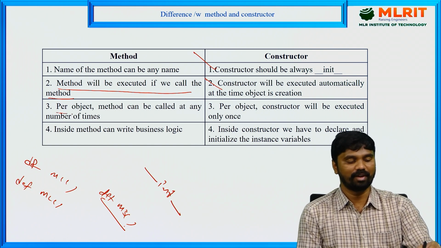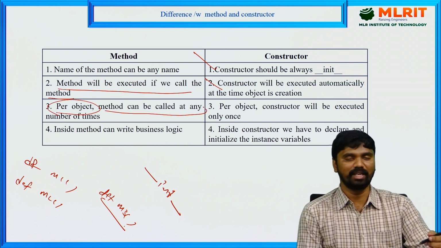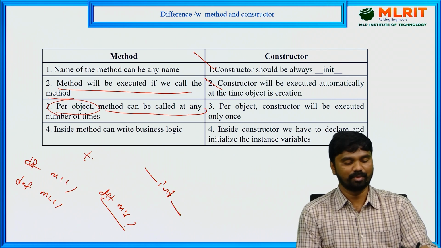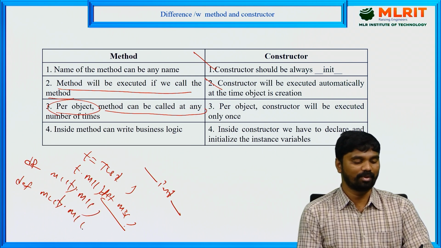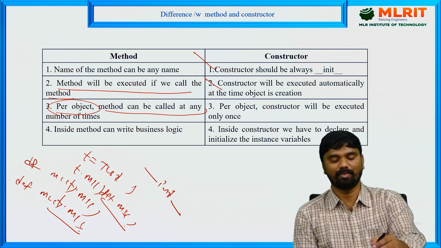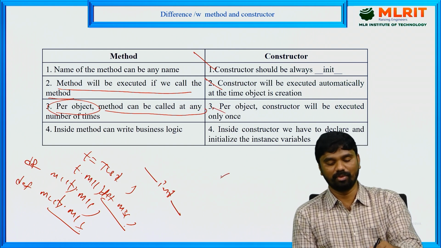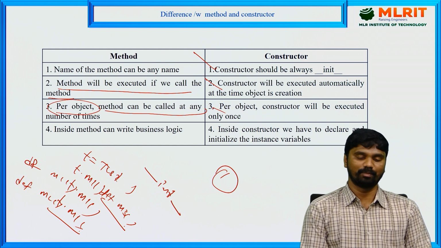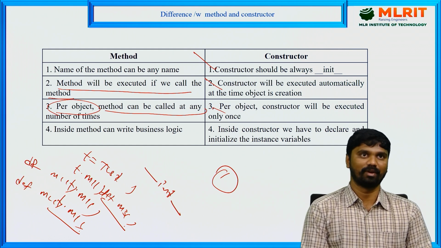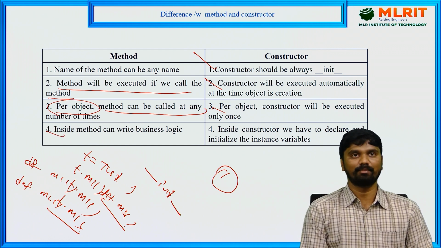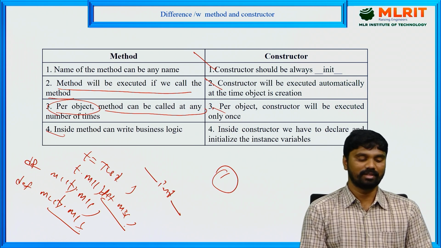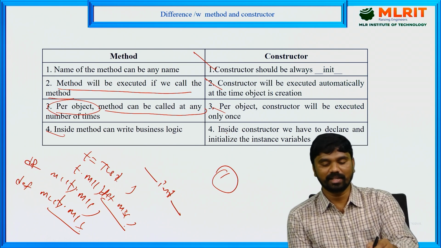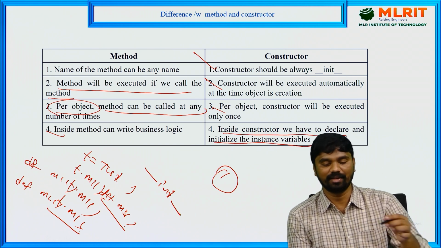Next, for one object, the method can be called any number of times. For example, here one object is created. By using that object, we can call that m1 method any number of times. There is no problem. But per object, the constructor will be executed only one time. Next, inside the methods, we write the business logic, which is used to achieve the task. Inside the constructor we declare and initialize the instance variables.